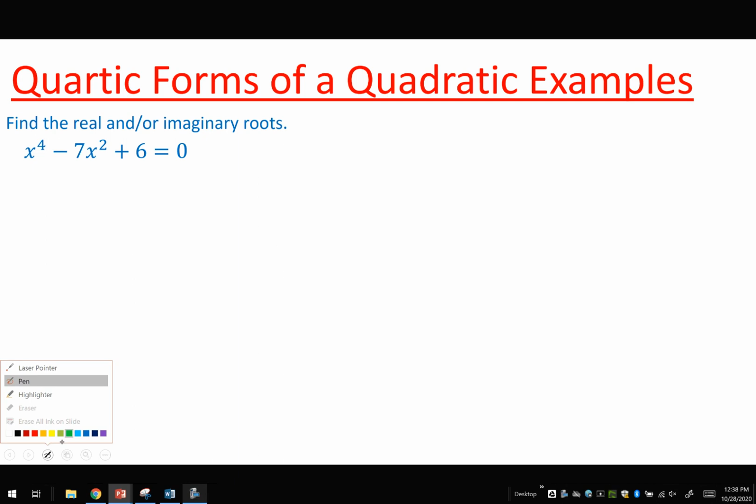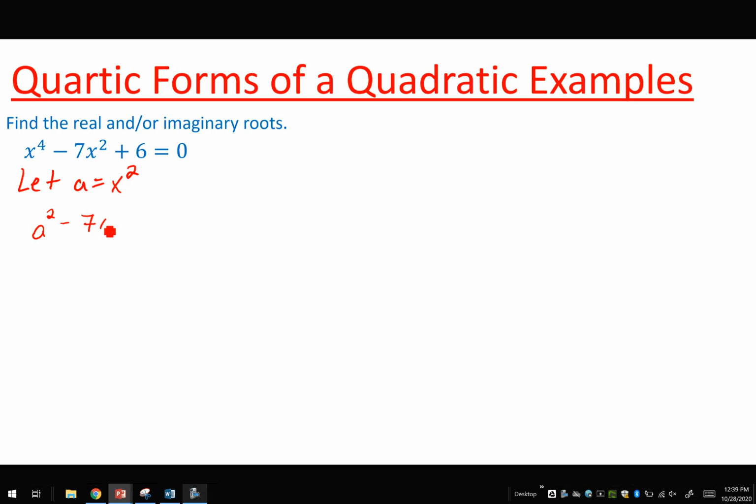Let's do another one to practice this a substitution. X to the 4th minus 7x squared plus 6. Doing the same thing, I'm going to introduce this a, which is x squared. So now I can rewrite my polynomial as a squared minus 7a plus 6.